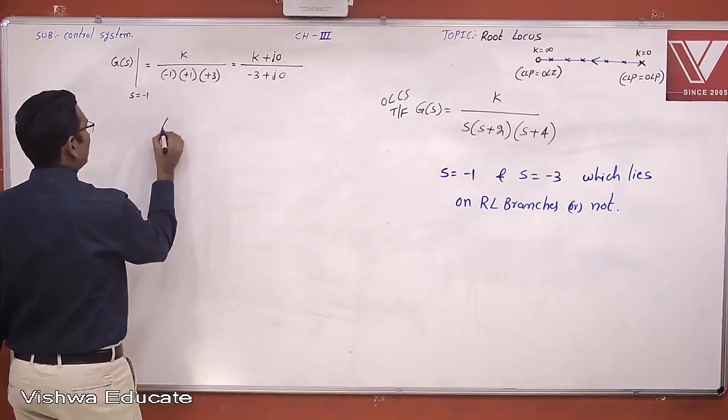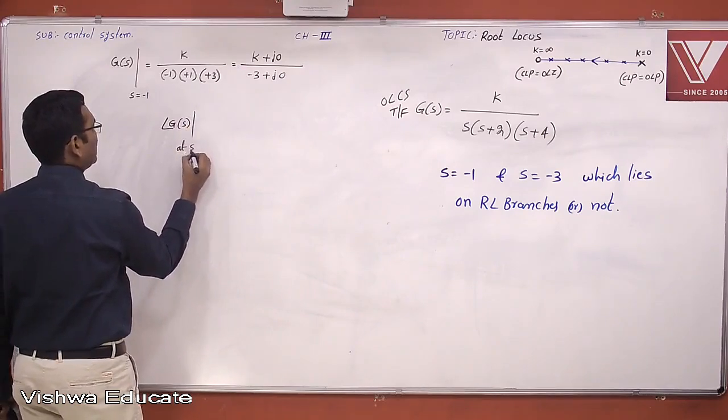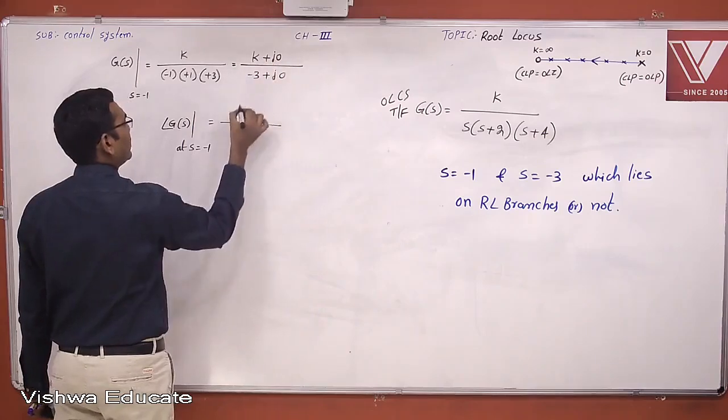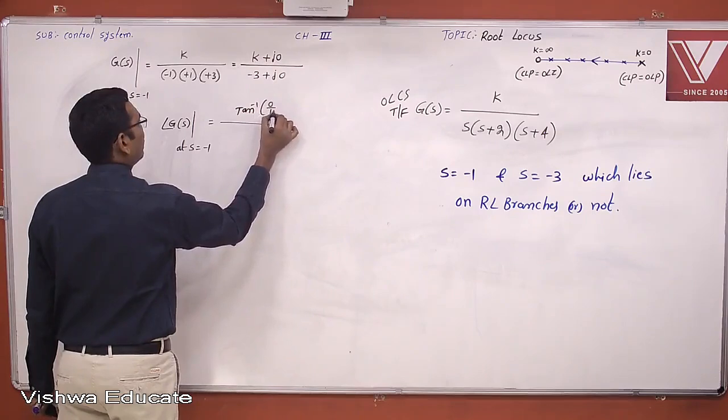Then if you measure the angle of the open loop transfer function at s equal to -1, it is tan inverse of imaginary part by real part.